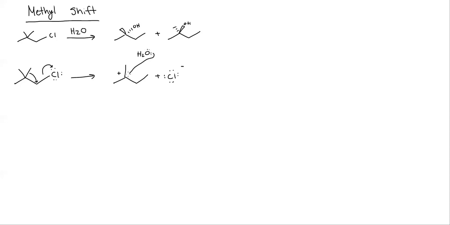Nothing too crazy. My water is going to come in and attack the carbocation. And then what do I get here? Well, the same thing I always get, right? I get this, and then water is going to come in again. It's going to take a hydrogen off, and then those electrons are going to go on there. So then I'm done, right? That's all I need to do.